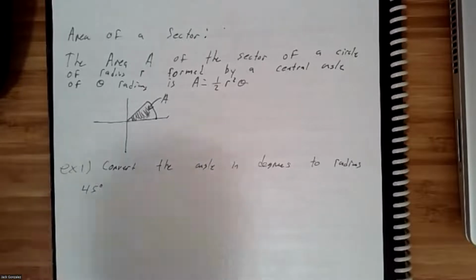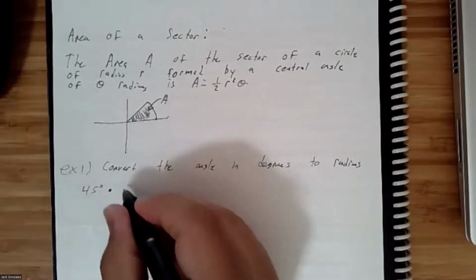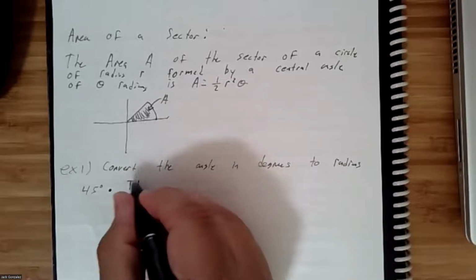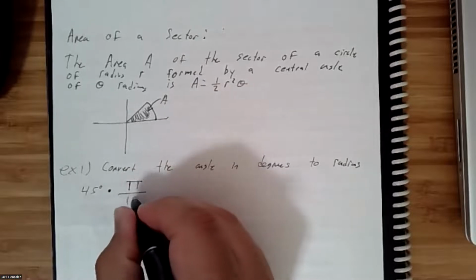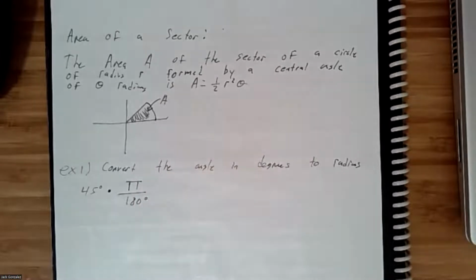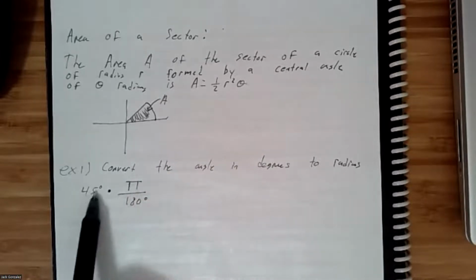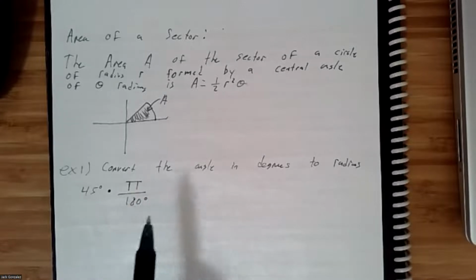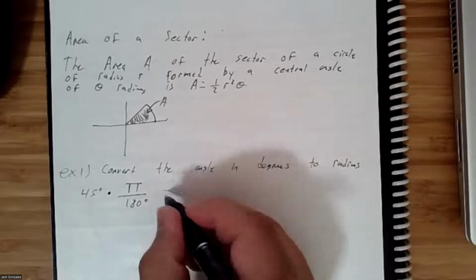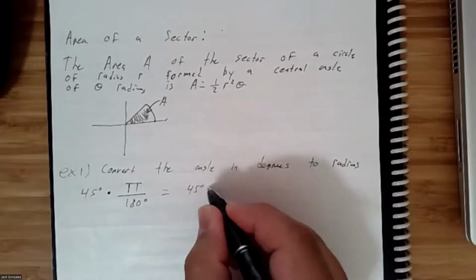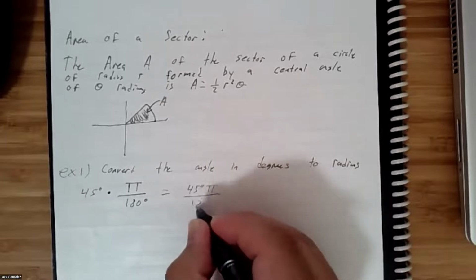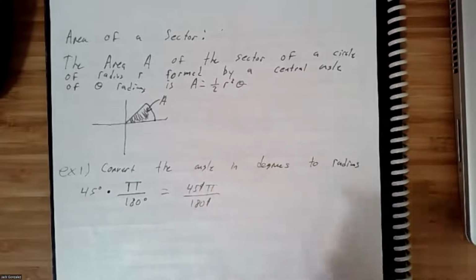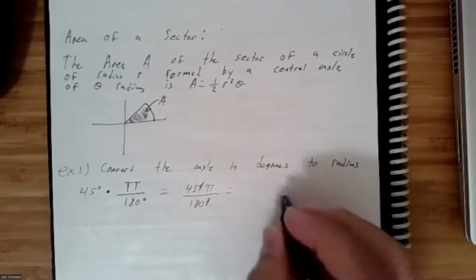So I look at the formula I gave you. You need to use the one with degrees at the bottom and multiply. That's all you have to do. They give you the angle, and you multiply by this conversion factor. So degrees will cancel. You're going to get 45 degrees times pi over 180 degrees. So the degrees will be gone, and we are now in radians. But we've got to reduce this fraction.